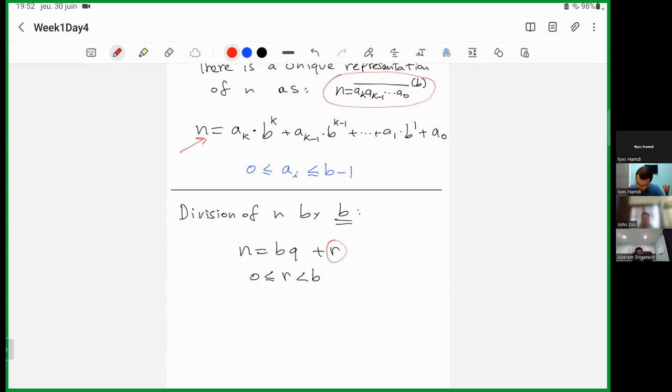Yeah, exactly. So actually what I will do is rewrite the division algorithm using some indices. So n is B times Q_0 plus R_0. And R_0 is between 0 and B, strictly less than B. So actually what's happening here is that R_0 is equal to a_0.